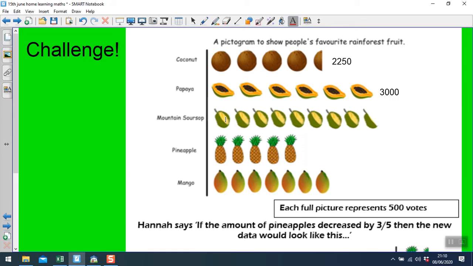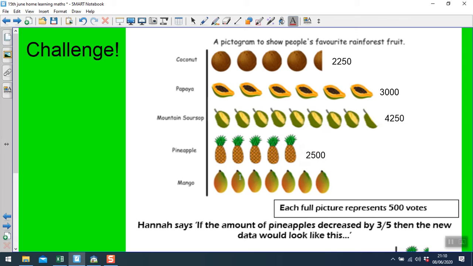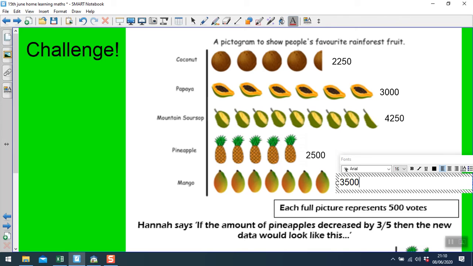The mountain soursop, so 500, 1,000, 1,500, 2,000, 2,500, 3,000, 3,500, 4,000, plus 250, 4,250. The pineapple, 500, 1,000, 1,500, 2,000, 2,500. And the mango, 500, 1,000, 1,500, 2,000, 2,500, 3,000, 3,500.